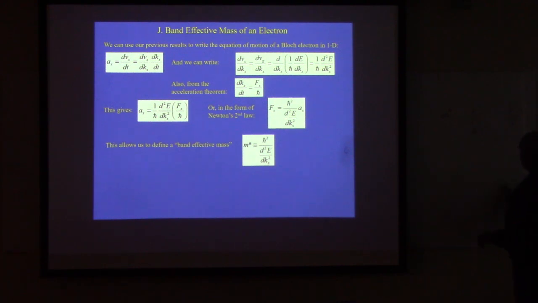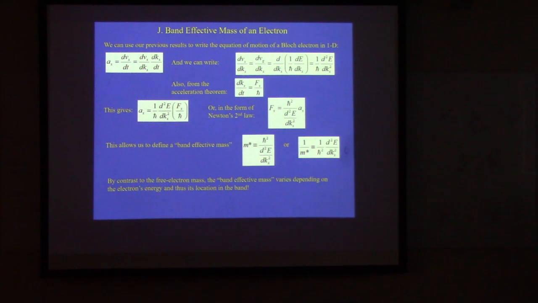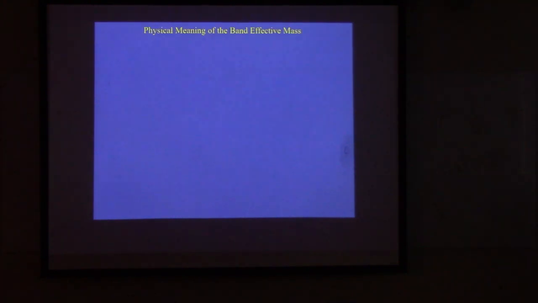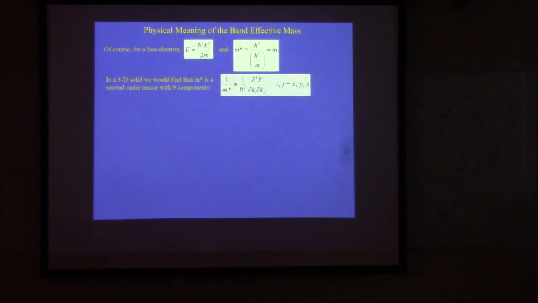So people usually write 1 over m star as 1 over h bar squared, d squared E over dk squared, rather than putting this one in the denominator. Same thing, right? So we showed, yeah.